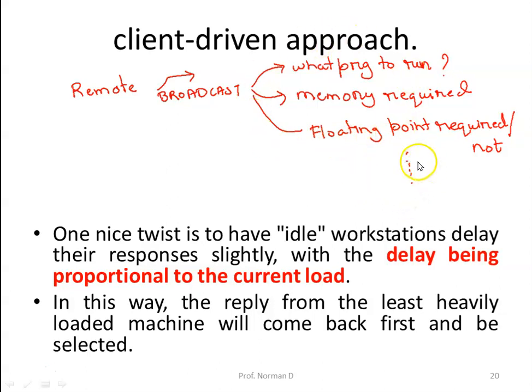These details are not needed if all the workstations are identical. That means if all the workstations are the same, then this will not be needed. But if the systems are heterogeneous and not every program can run on every workstation, then these parameters are essential.